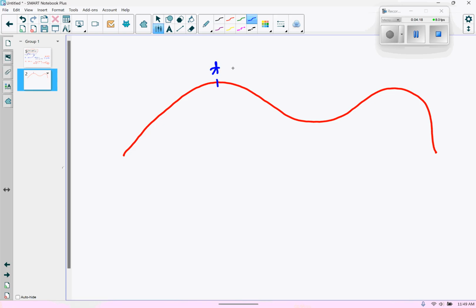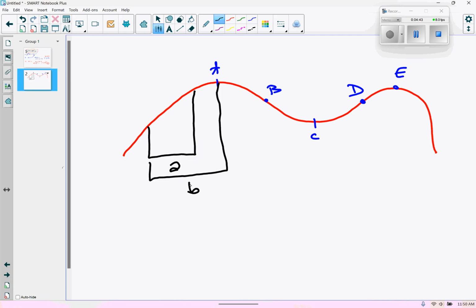They have this as point A, point B, point C, point D, and point E. And then from this point to here is little a, and little b goes from here to here, and little c goes from here to here.